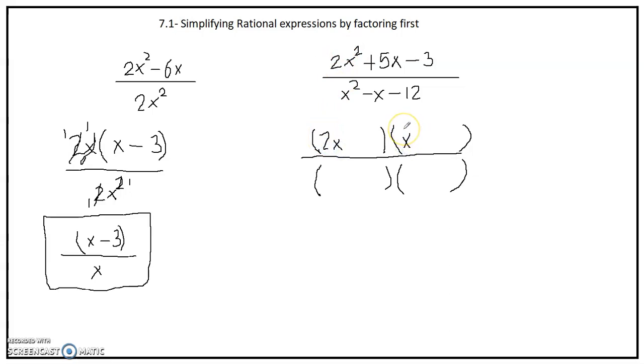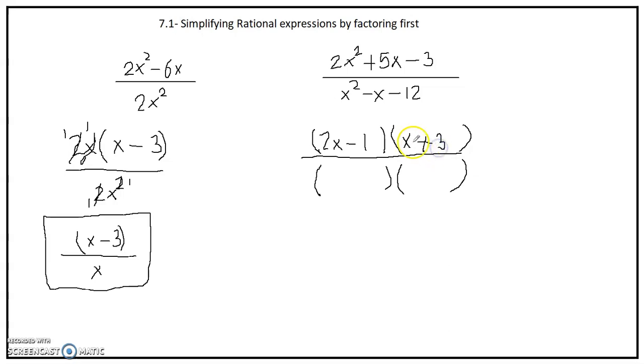So now we need two numbers that will add up to 5x and will be multiplied to be negative 3. So we'll just have negative 1 and a positive 3.